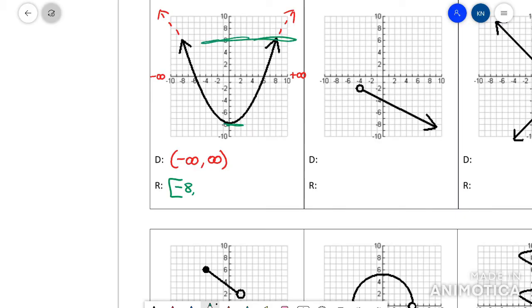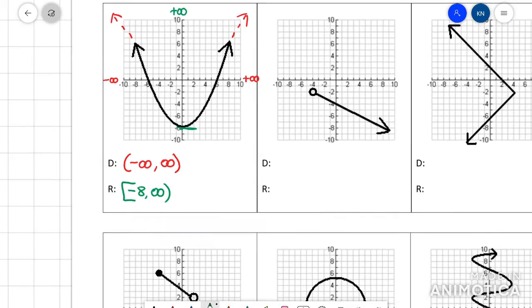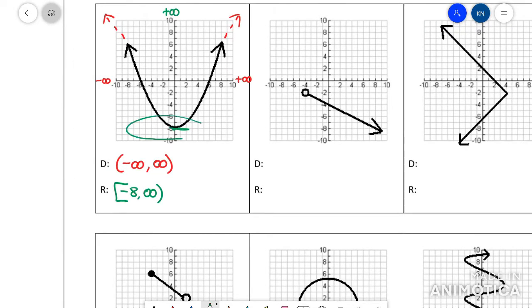It goes up forever, so when it goes up forever, it goes up to +infinity on your y. So +infinity, and then I use a parentheses there because anytime you have a -infinity or a +infinity, when you're writing domain and range, it's going to be a parentheses. You only use a bracket when it actually hits that number.